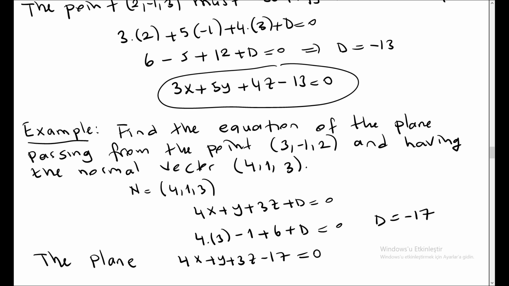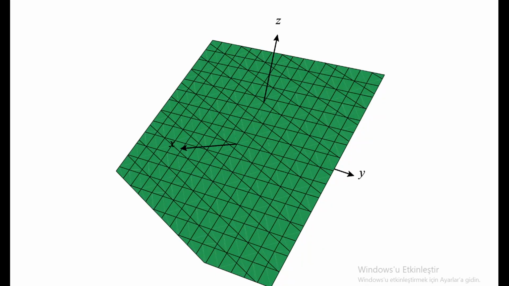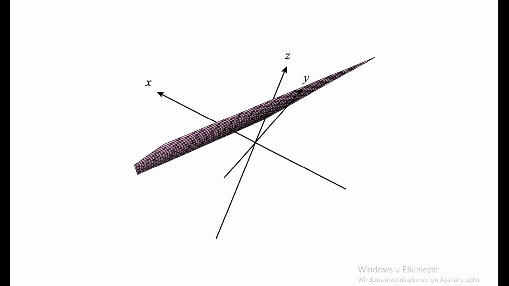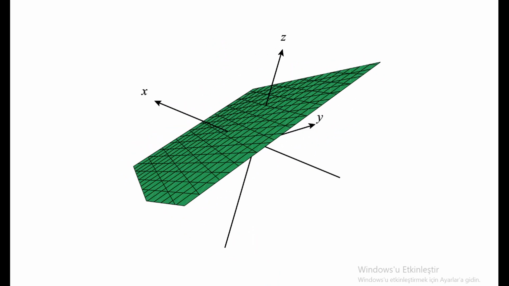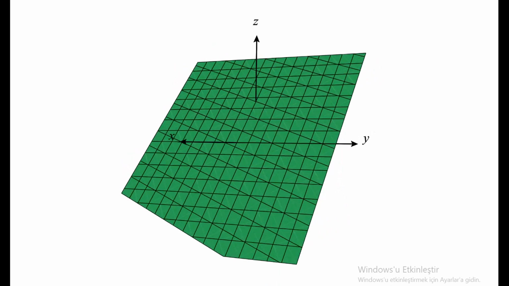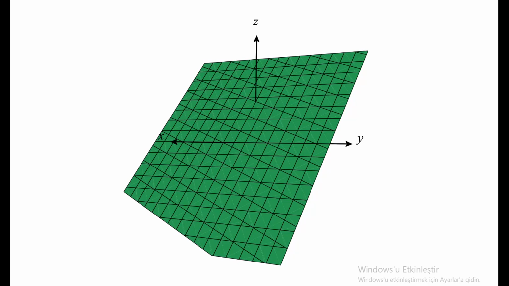Generally we think the plane is a plaque, but that is not correct. It's not a plaque, it's the top of this plaque. Okay, this is our plane. Of course, for a plane, there is no boundary.